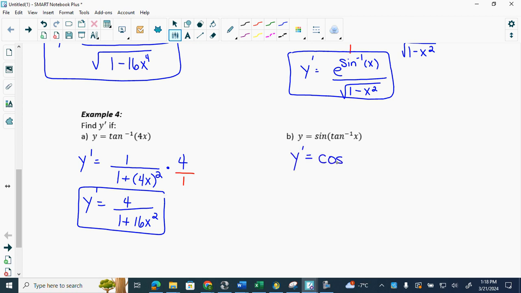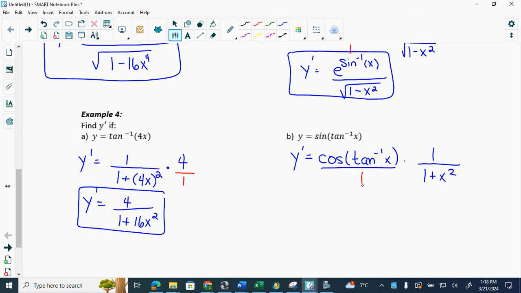And then do I immediately go right to the derivative? No, what's the rule? You derive the outside, rewrite the inside, follow behind with the derivative of the inside, correct? I get tons of people on your unit exams that will go cos and then immediately do the derivative in the brackets. That's not what we need, right? We need derivative of the outside, rewrite the inside, times the derivative of the inside.